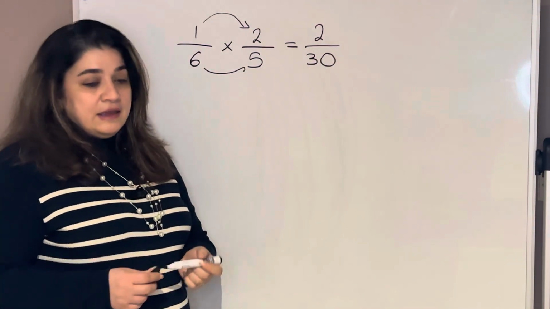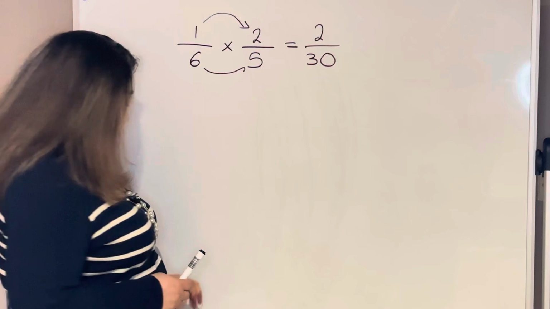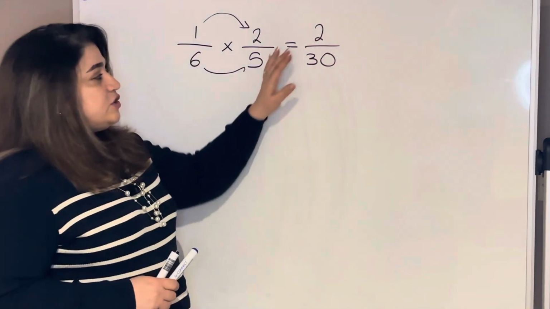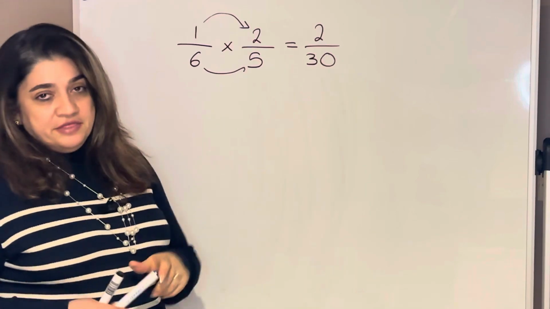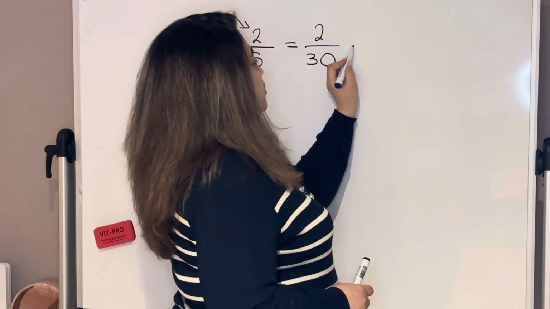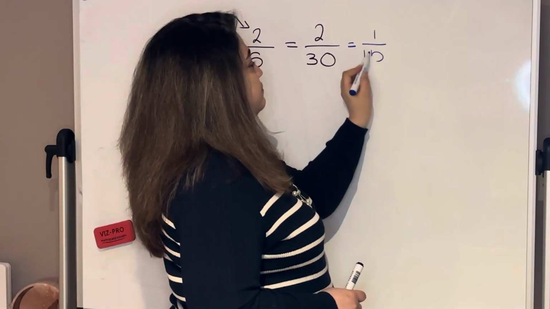And then simplify. You have to find which times table includes 2 and 30. It's really obvious, it's divide by 2. If you divide by 2, it is 1, and 30 divided by 2 is 15.